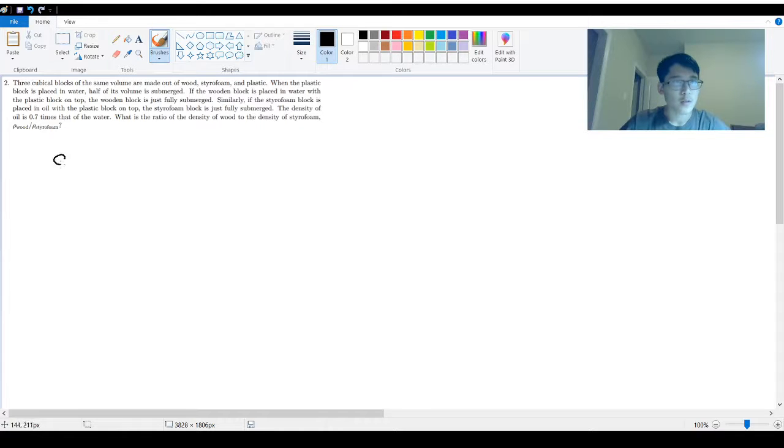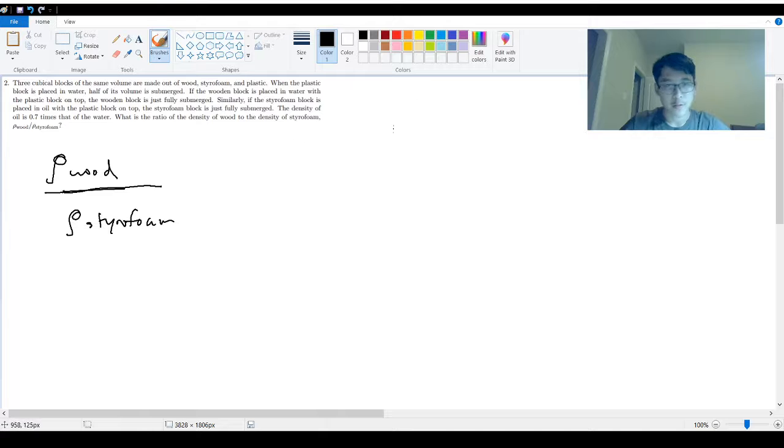What it's asking for is the density of wood over the density of styrofoam. And we are given all this information about what floats and how much is submerged when it floats.